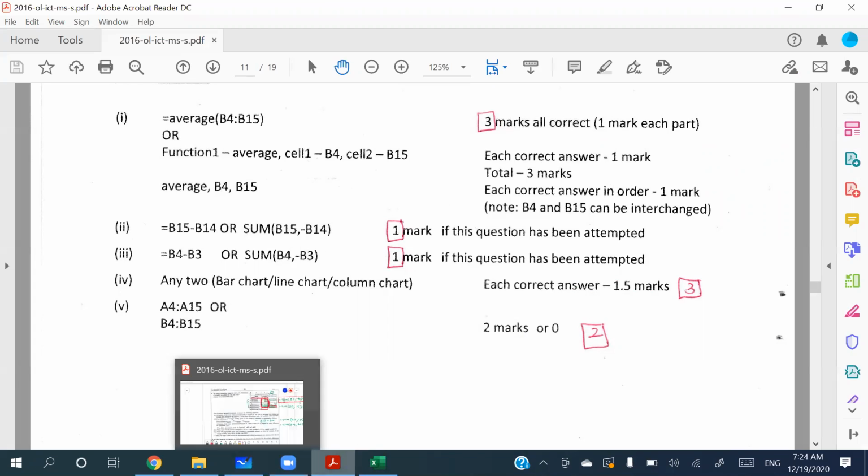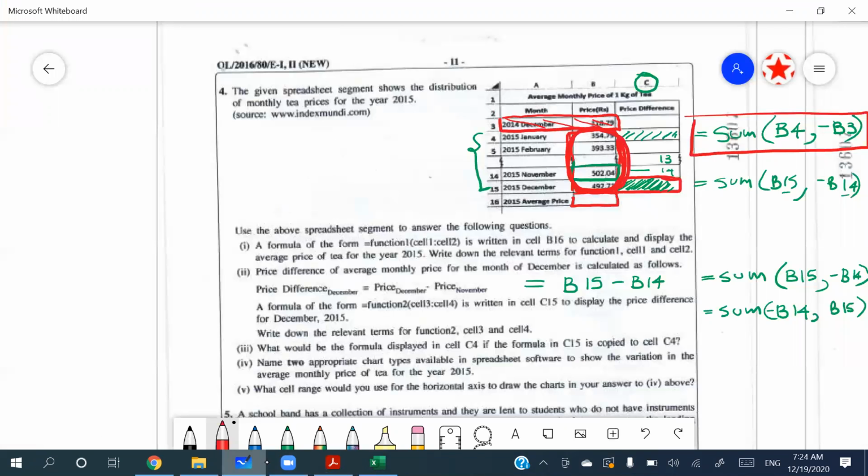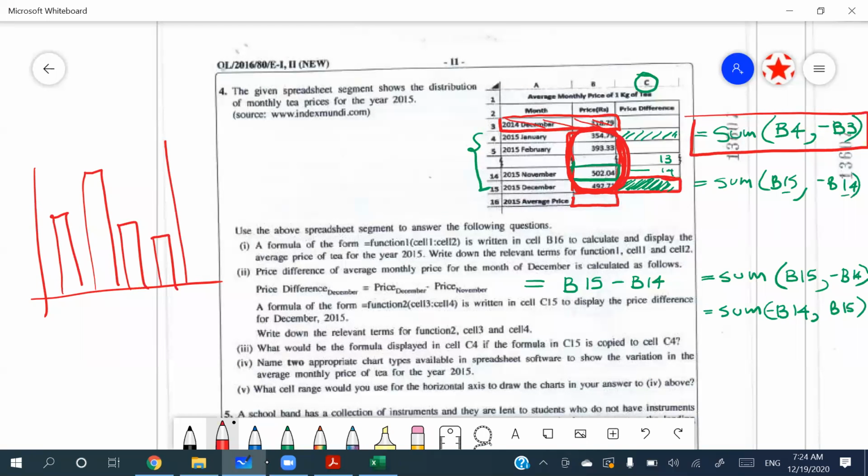And as the last question, they are asking, what cell range would you use for the horizontal axis to draw the chart in your answer for the above? You have to think, if you are going to generate the chart, if it is a bar chart, our bars should show the figures, not the months again.